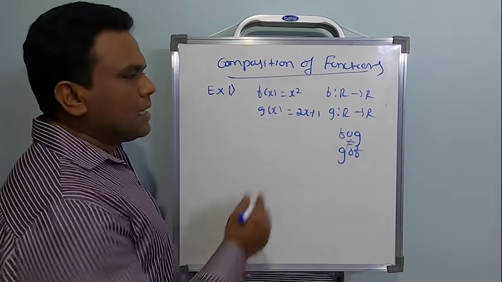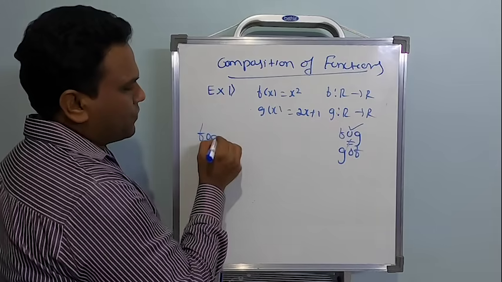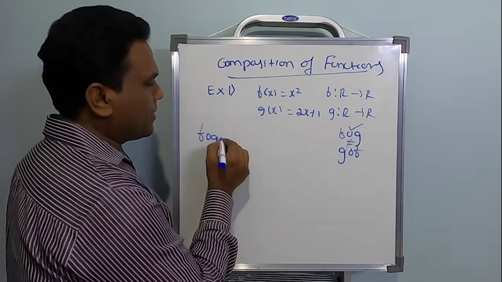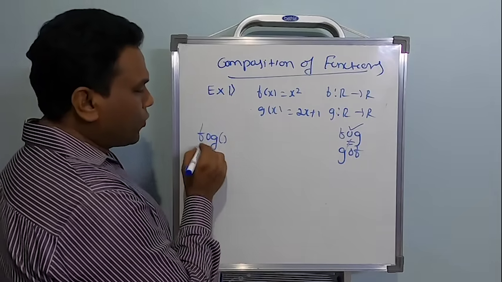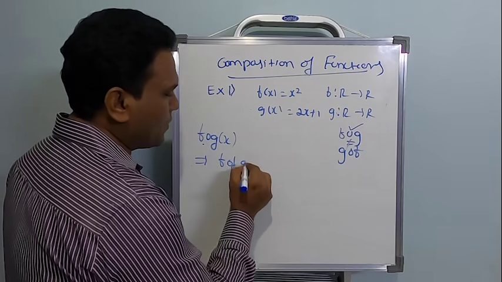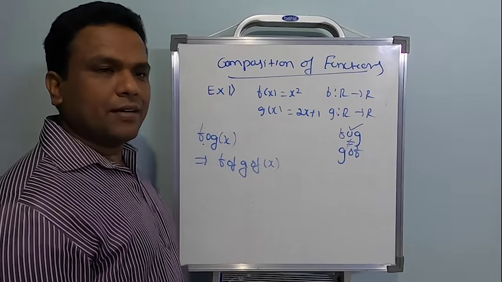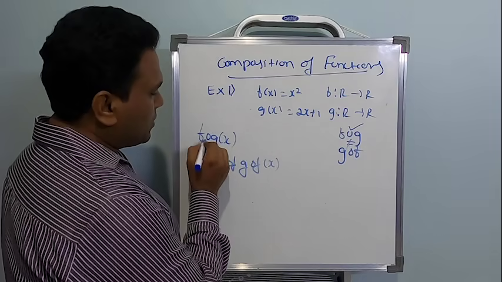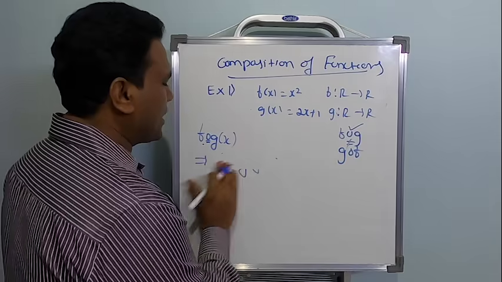Let us start finding the first one, f of g. Sometimes they will give f of g of x. The full form of reading this is f of g of x. That's the way of reading. So this 'of' is shortly denoted by O. Now there is nothing to worry.